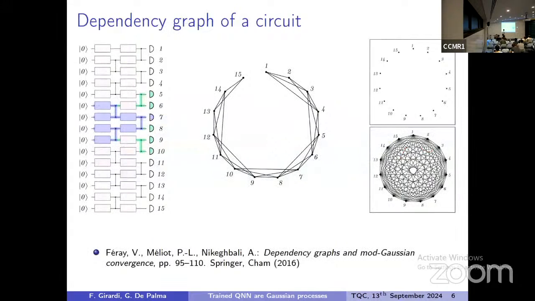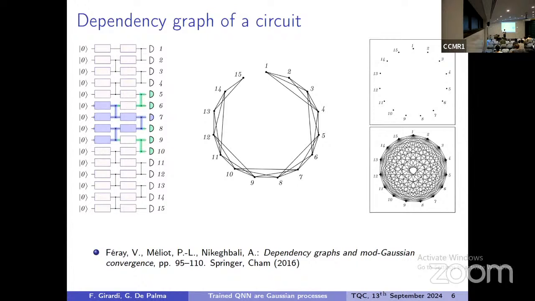Concerning the dependencies, the technique that we use to study this case is the one provided in this reference, and this is the technique of dependency graph. So we applied this, I would say, generalized version of the central limit theorem to the case of quantum circuits.